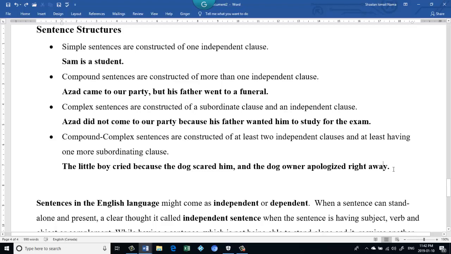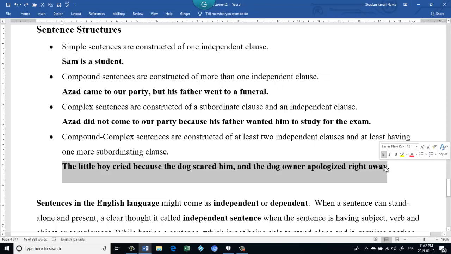Then we have to use punctuation. Now look at the sentence again. The little boy cried because the dog scared him, and the dog owner apologized right away. We have three ideas connected in one sentence.